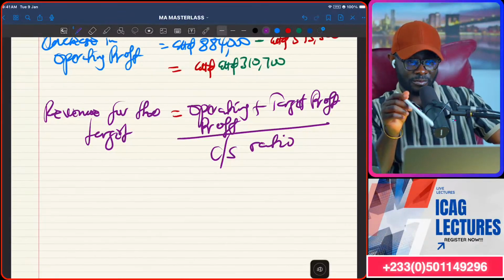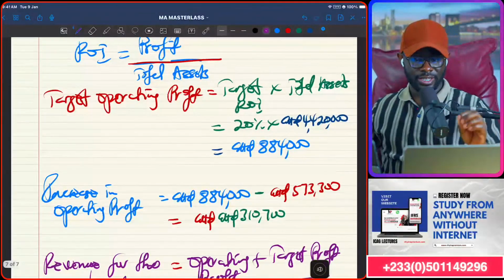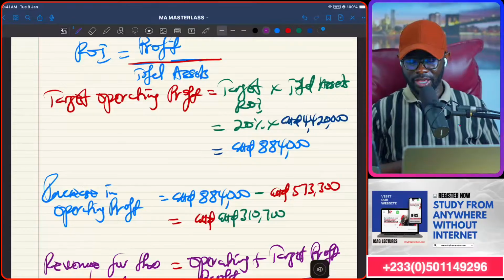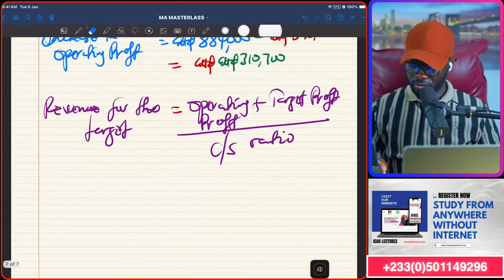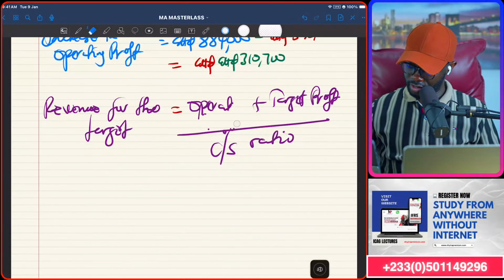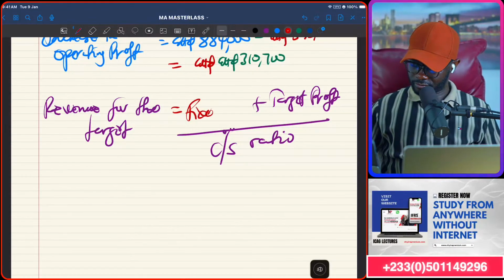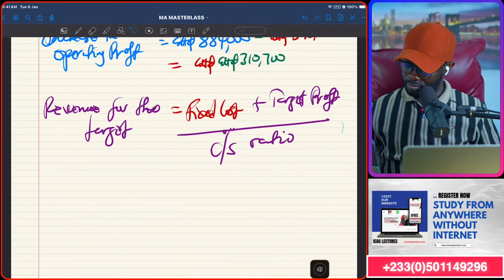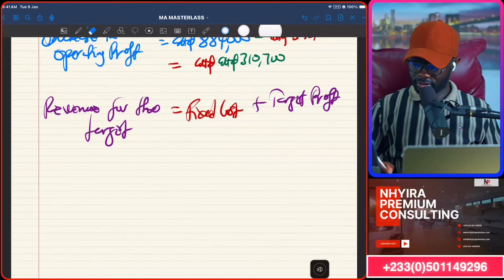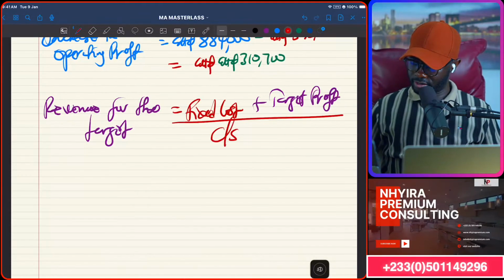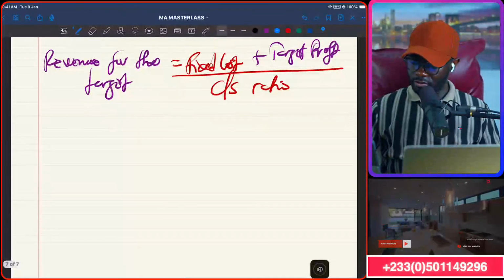We know. But here, the concept available is to use the issue in respect of the target profit. Oh, no. Sorry. Stay with me. Fixed cost plus target profit. Sorry. We have to still stay with this. I must stay with this. CS ratio. Because the target profit is the 884, so I don't need operating profit again.